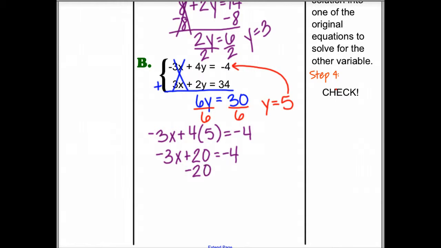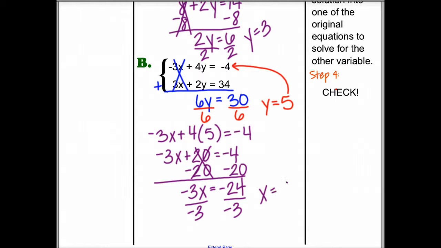Subtract 20 from both sides, canceling the 20s, giving me negative 3x equal to negative 4 plus negative 20, which is negative 24. Divide both sides by negative 3. Don't forget that 3 is negative, and if you tend to forget negatives, you probably should have gone with the second equation. Giving me x is equal to positive 8, which means my ordered pair solution is 8, 5.